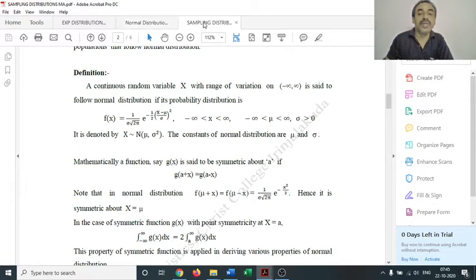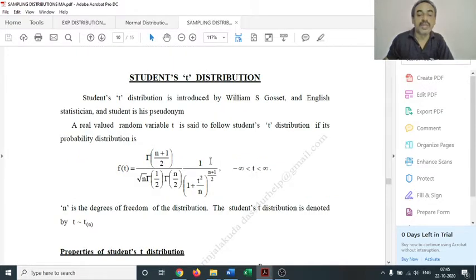Now in the Student's t distribution also we can observe this property. If you write t as 0 plus t, that is 0 plus t square, which is t square itself, this will be 1 plus t square by n all raised to (n plus 1) by 2.